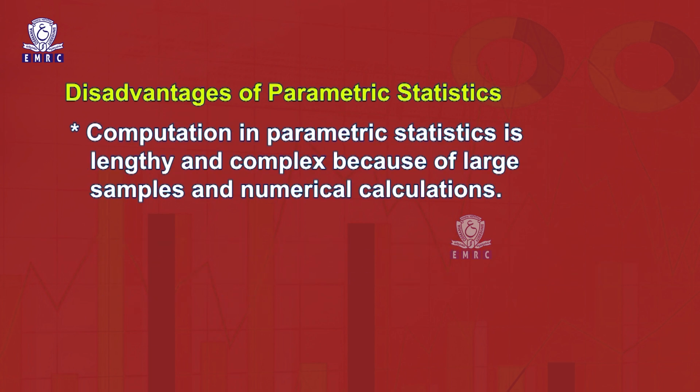Further, computation in parametric statistics is lengthy and complex because of large samples and numerical calculations. T-test, F-test, R-test are some of the major parametric statistics used for data analysis.